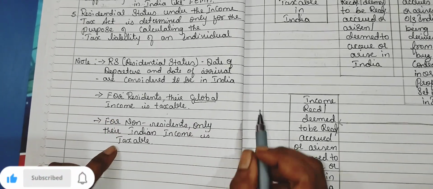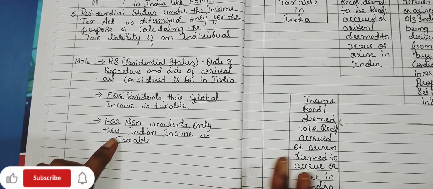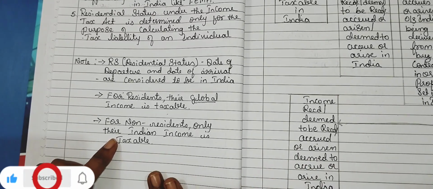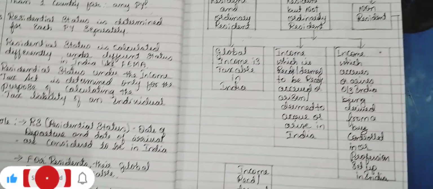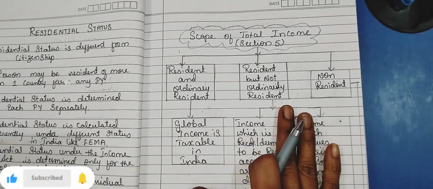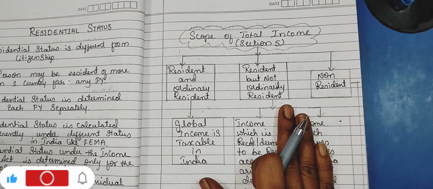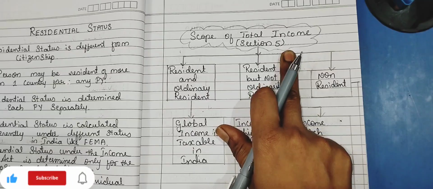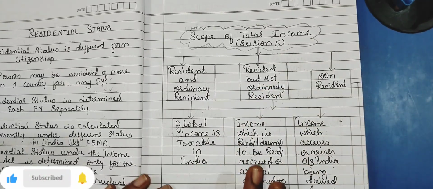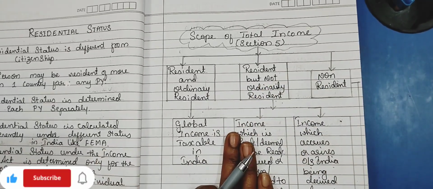Okay, and only for non-residents, whatever income they received in India, we are considering. So that we will understand more under the scope of total income that is covered under Section 5.